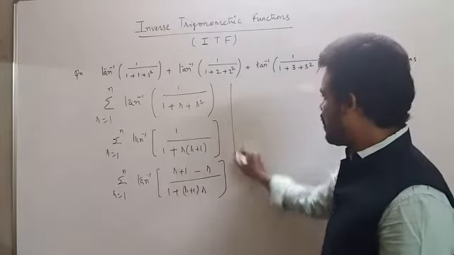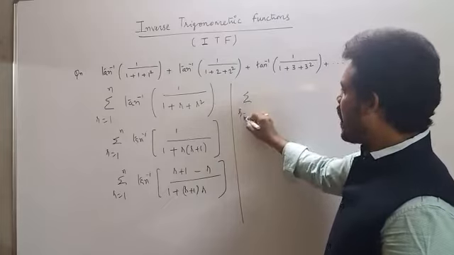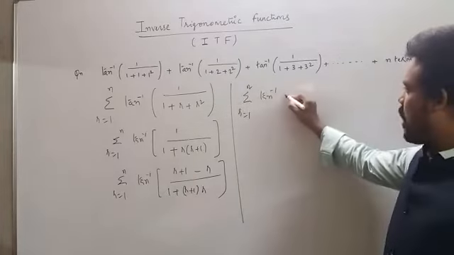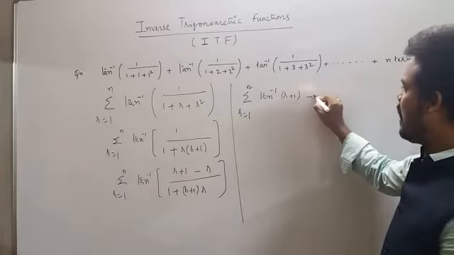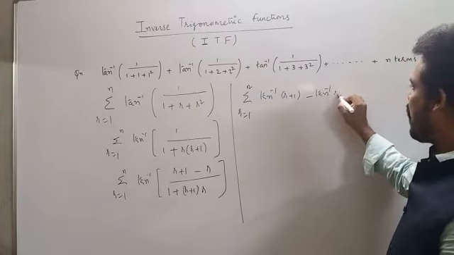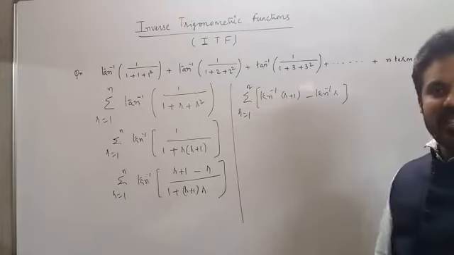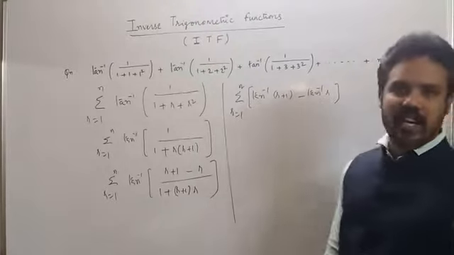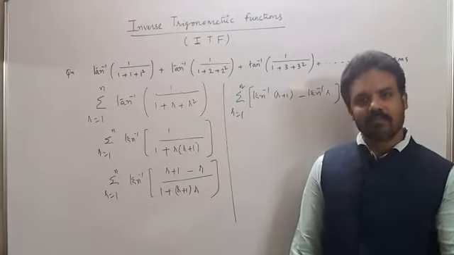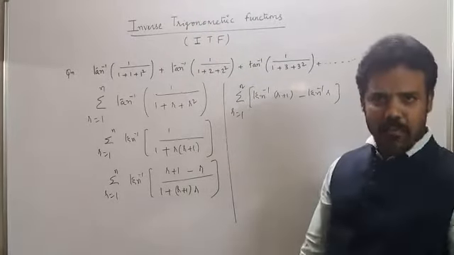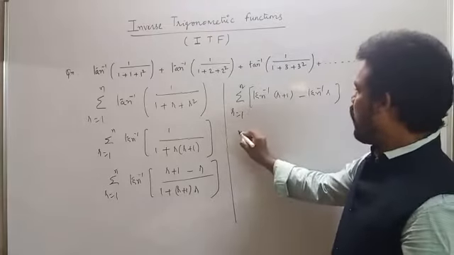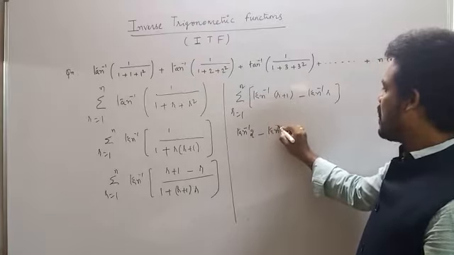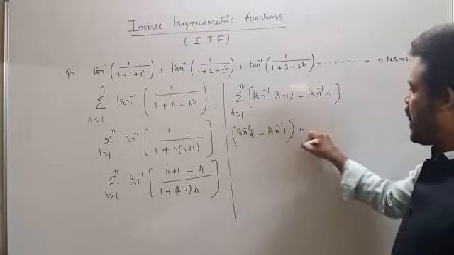We know that sigma r running from 1 to n, this is tan inverse of r plus 1 minus tan inverse of r. Formula applied: tan inverse of a minus b by 1 plus ab is tan inverse a minus tan inverse b. After this, you open the sigma, that means keeping the values of r. If you keep r equal to 1, this will be tan inverse 2 minus tan inverse 1. This is the first bracket.